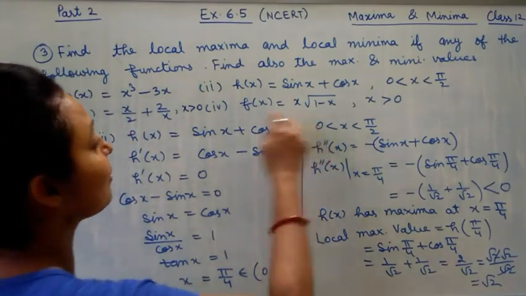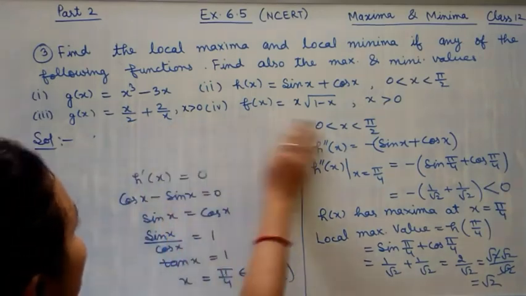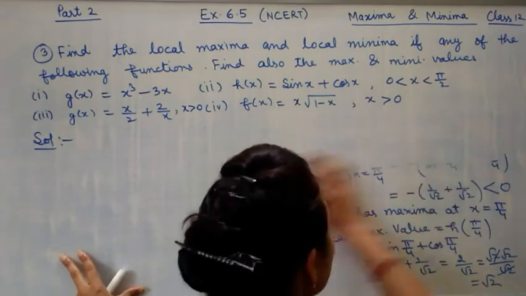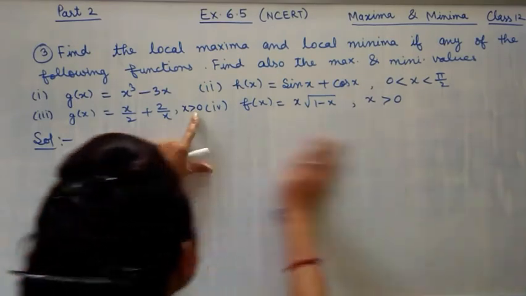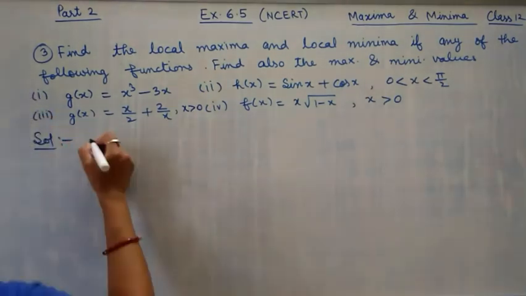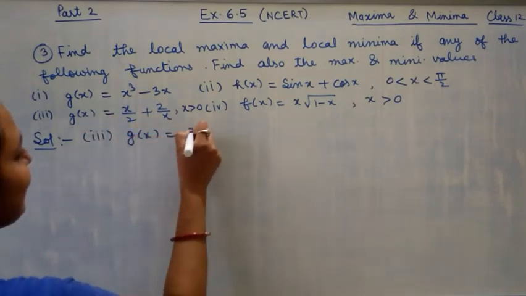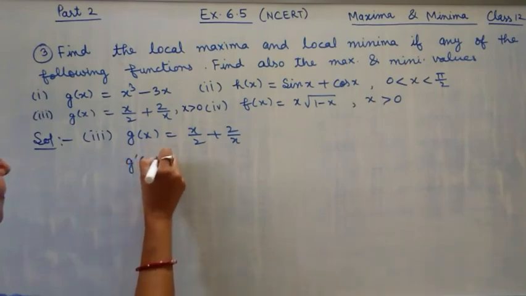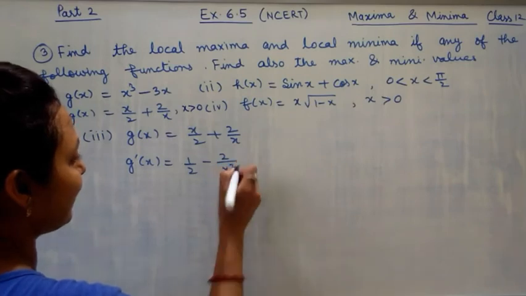Okay, now come to the third question. Along with the statement, one condition is also given: x should be greater than 0, that should be positive. So how will I do this? Very simple. Third part, I have a function g(x) = x by 2 plus 2 by x, right? g dash x is equal to 1 by 2 minus 2 upon x square.